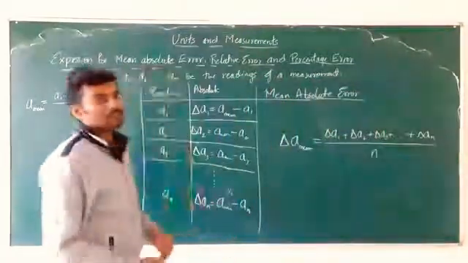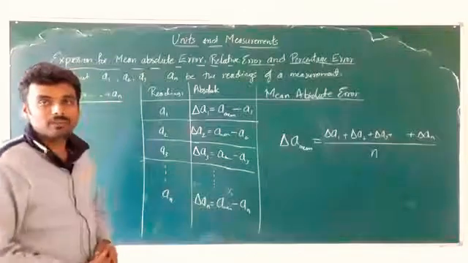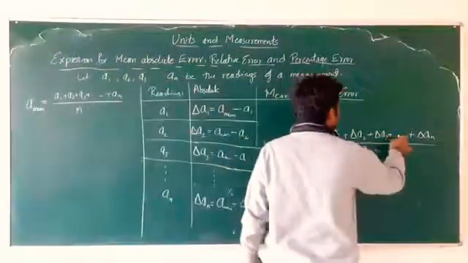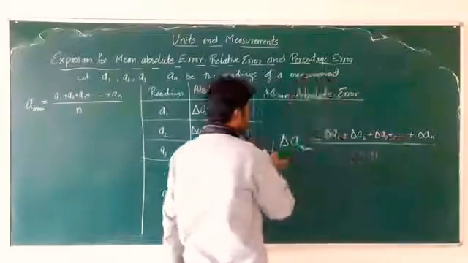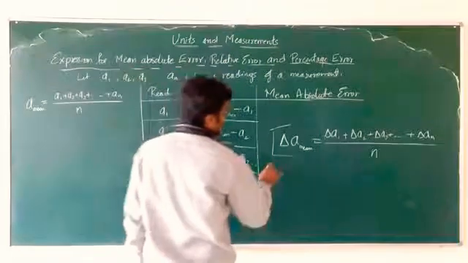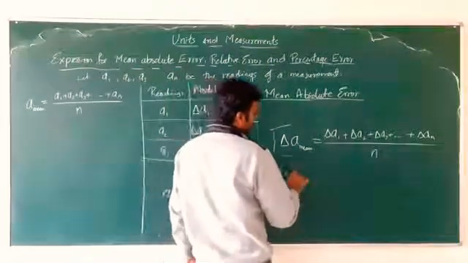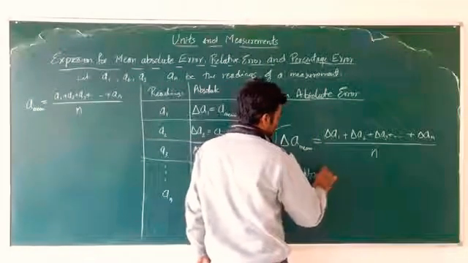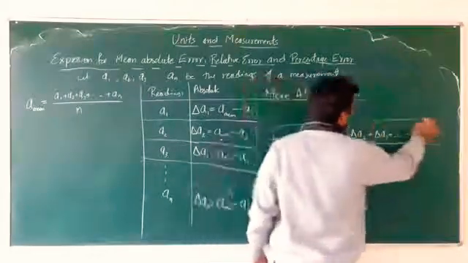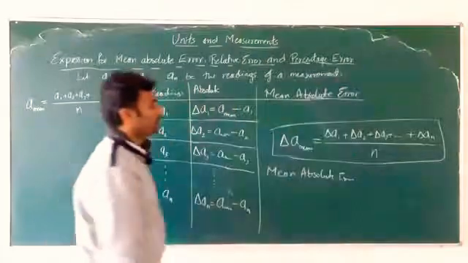N is the number of measurements or number of readings that we have. So that's it. That is how we get delta A mean. This delta A mean itself is the mean absolute error. Okay. So this expression is important. This is the expression for mean absolute error.